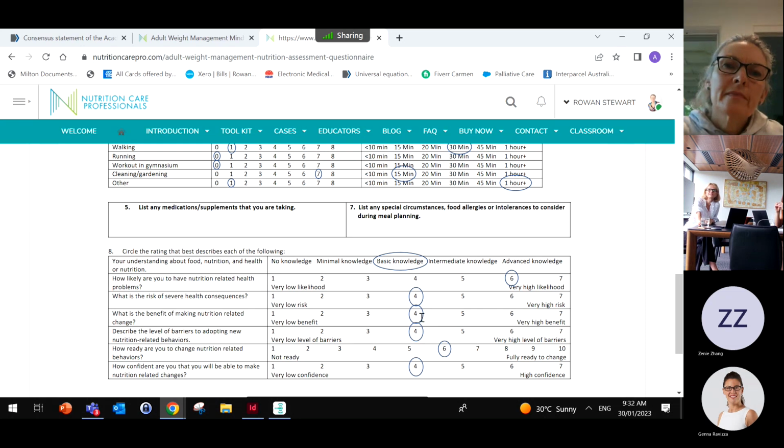He's kind of in the middle there, isn't he? He's not too sure. He's standing on the fence. Yeah. Can he describe the level of barriers to adopting new behaviours? This is the kind of background information that you as a dietitian would be collecting through assessment.